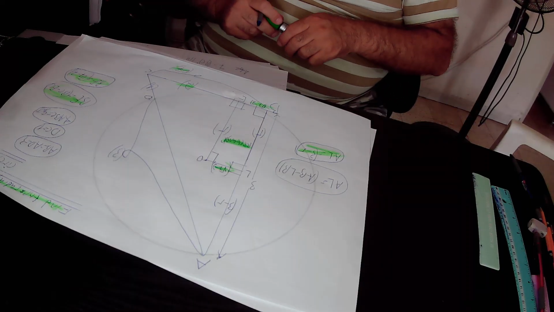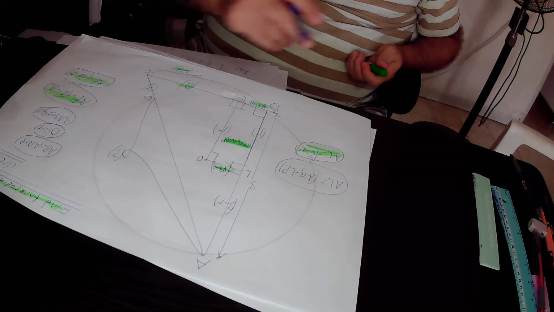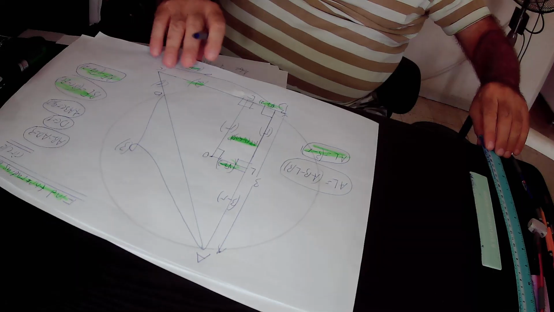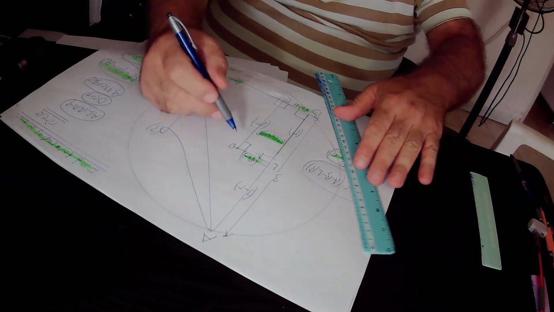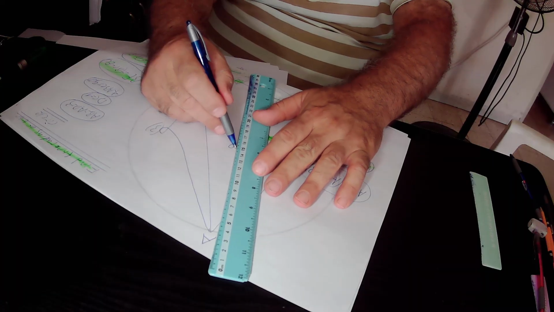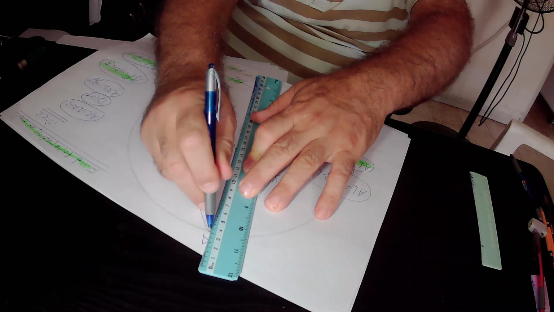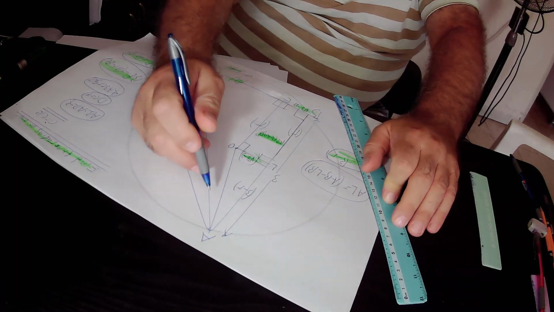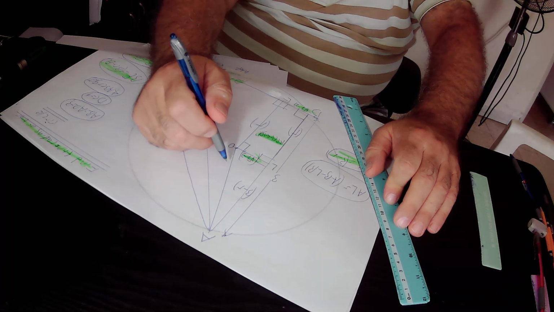In the next step, we will join points O and A together by a straight line. Point O is the center of this circle, point A is a point on the circle itself, therefore OA is the radius of this circle.